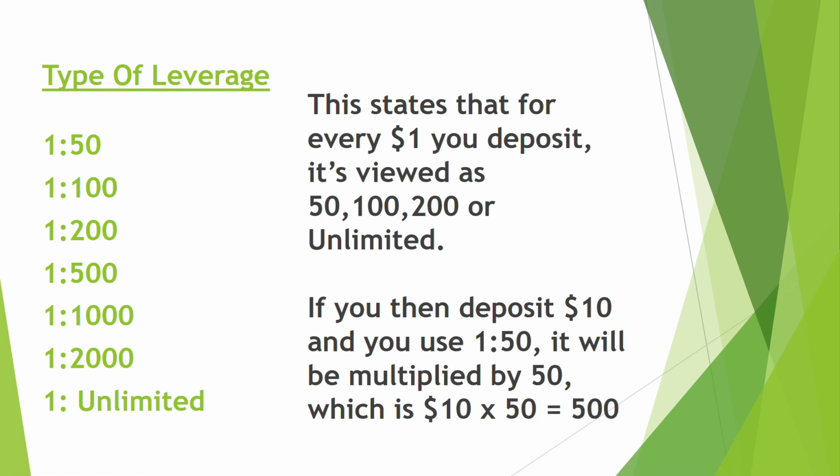You'll be able to buy units worth $500. If you choose 1:unlimited, it means you have unlimited capacity. And mind you, you are exposed to loss, you are also exposed to profit. So you better use proper risk management, and whatever leverage you select, risk management is the key. Just use proper risk management in order for you not to lose your account.